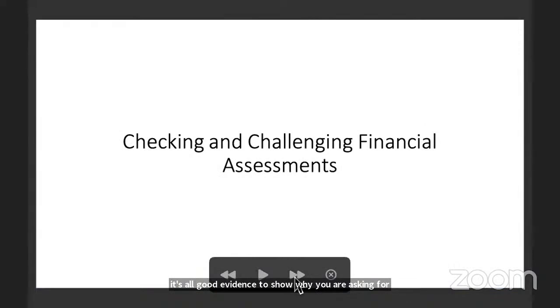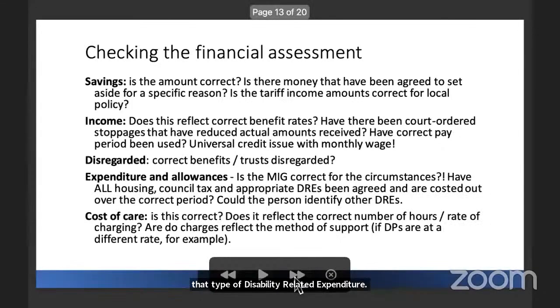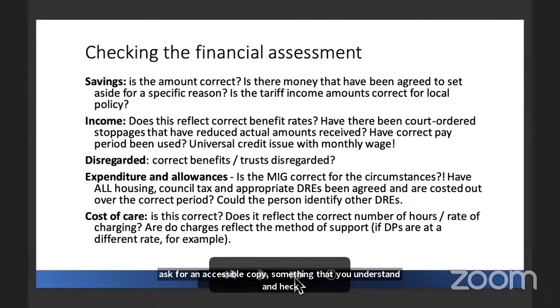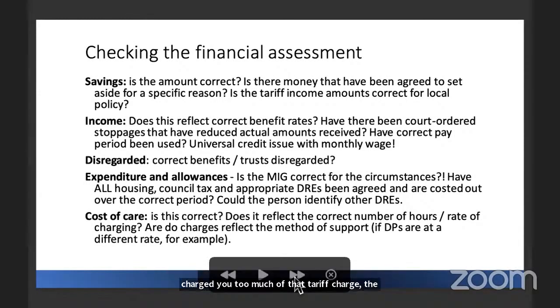So, checking and challenging financial assessments. With the financial assessment itself, it's easier to get hold of the assessment breakdown, ask for an accessible copy, something that you understand, and check the figures. So is the savings amount correct, or have they charged you too much of that tariff charge, the £1 per £250 savings above a certain amount?